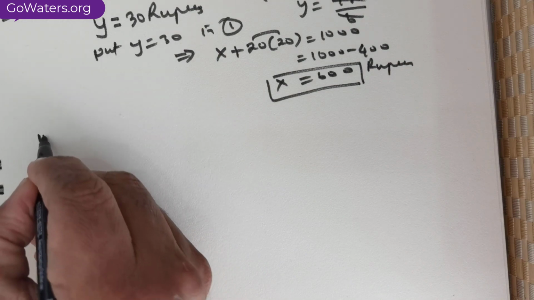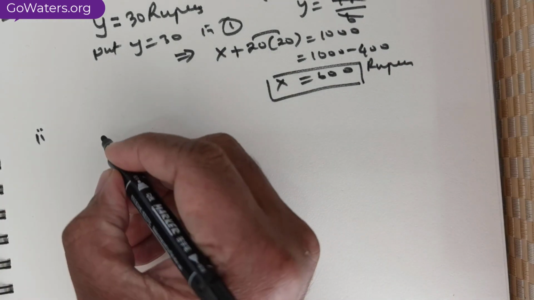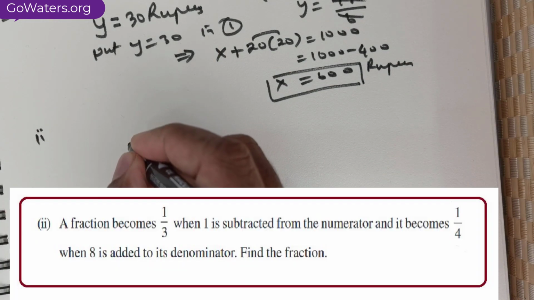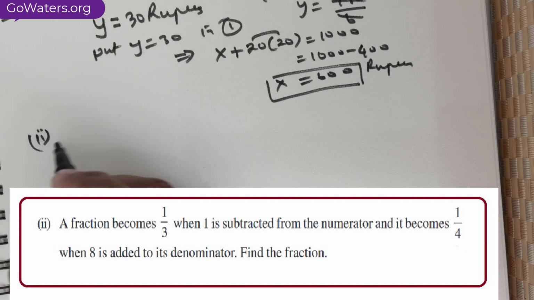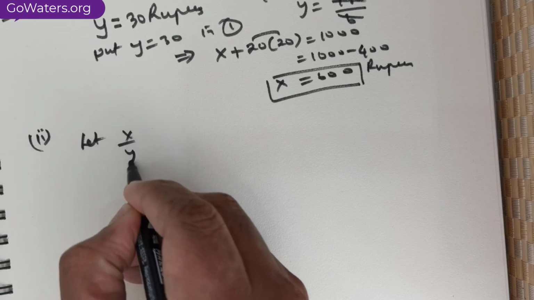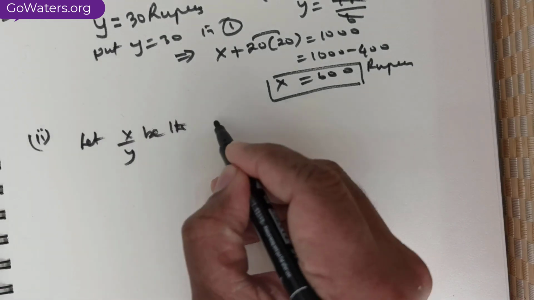So let's do question 2. Let me read the question. A fraction becomes 1 over 3 when 1 is subtracted from the numerator, and it becomes 1 over 4 when 8 is added to the denominator. Find the fraction. So let me start off like this. Let X over Y be the fraction.